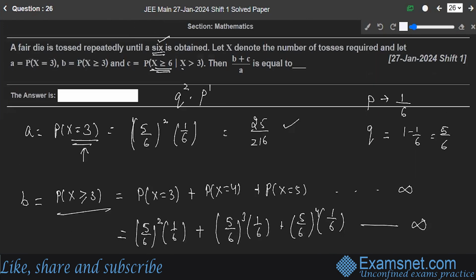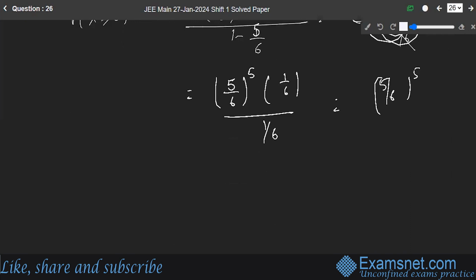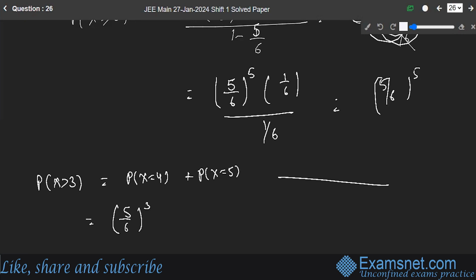Okay, and probability x is greater than 3. The probability x is greater than 3 is given by the probability you get the 6 on the 4th attempt, 5th attempt, and so on. So again, this is equal to 5 by 6 raised to power 3 into 1 by 6, 5 by 6 raised to power 4 into 1 by 6, and so on.